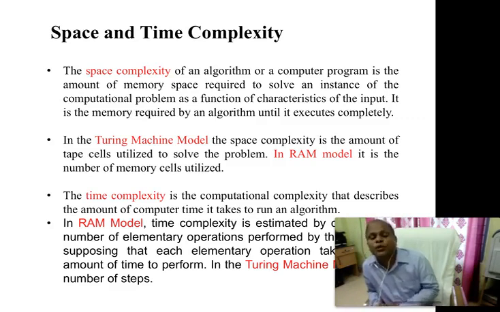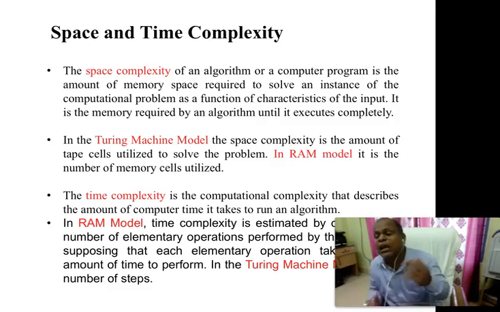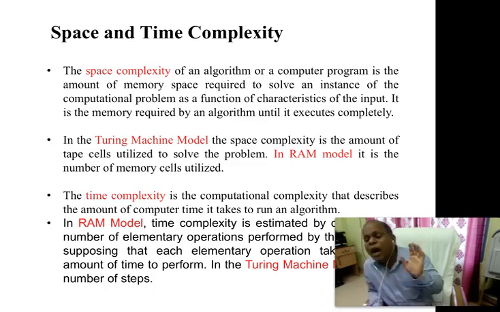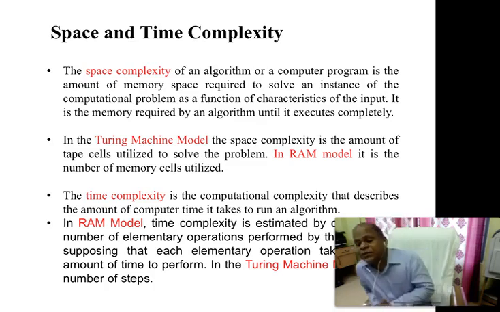Space complexity of the algorithm in case of Turing machine is the tape cells used. But in case of RAM model, it is how many memory cells are utilized. You remember the RAM model? There are the memory cells. How many memory cells your RAM model is using while running a particular algorithm or program is called the space complexity of that algorithm or program.